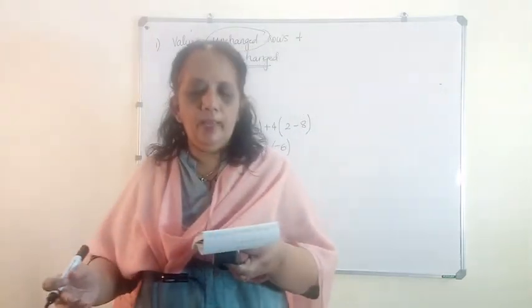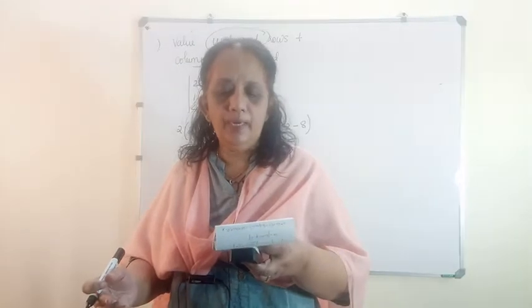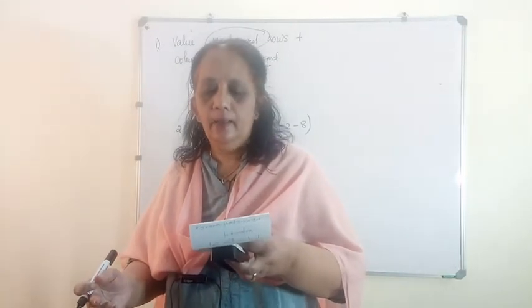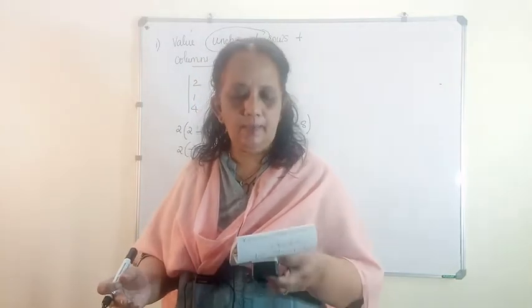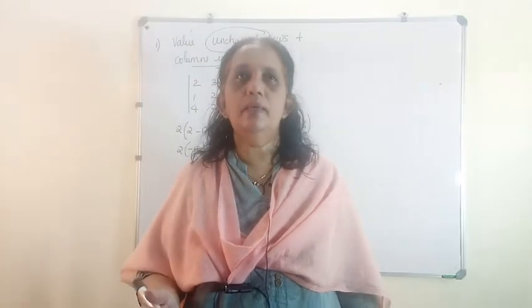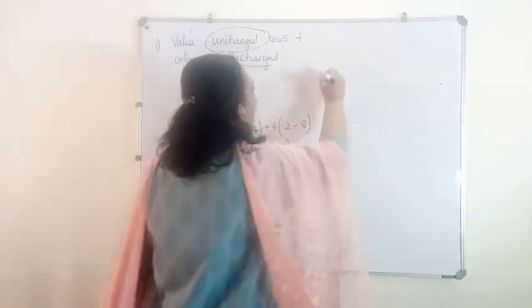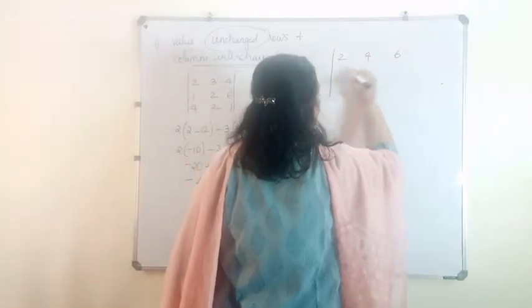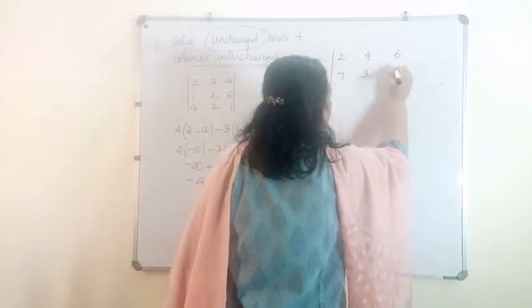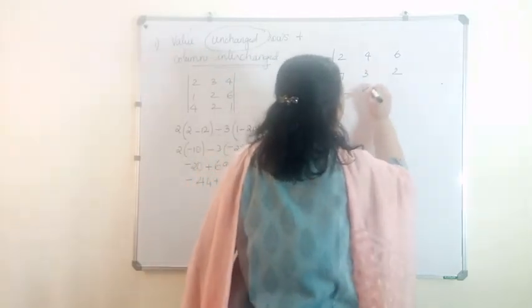Third one, if any two rows or columns of a determinant are identical, what is meant by identical? All corresponding elements are same. Value of the determinant is equal to 0. That means if you have a determinant 2, 4, 6, minus 1, 3, 2, 2, 4, 6.